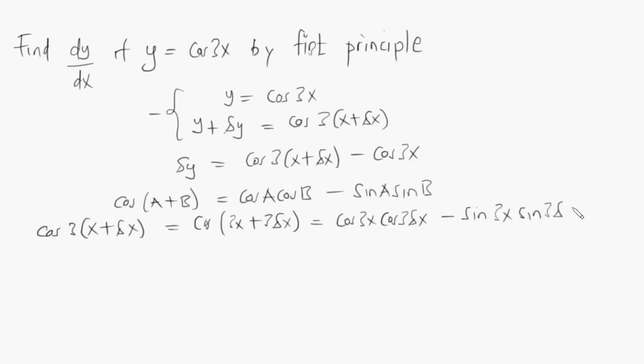So nikirudi hapa this equation, my delta y now is just equal to cos of 3x cos of 3 delta x minus sin of 3x sin of 3 delta x minus cos of 3x.